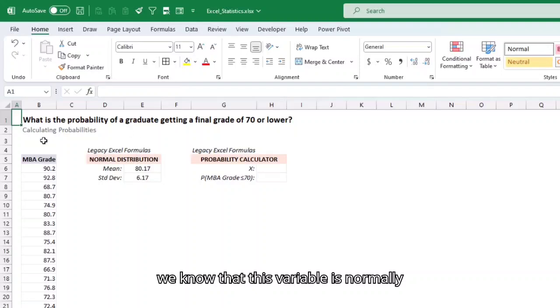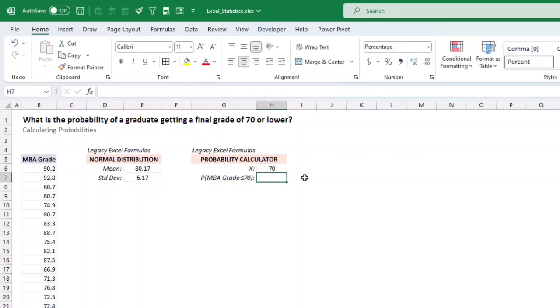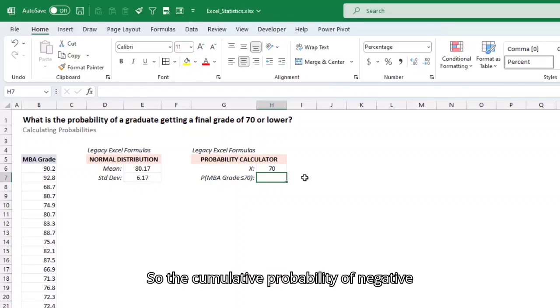Well, we know that this variable is normally distributed with this mean and this standard deviation, so we're good to go here. We can calculate this probability. The x is going to be 70, and we want the probability of getting a value less than or equal to that, so the cumulative probability of negative infinity all the way up to 70 straight up.